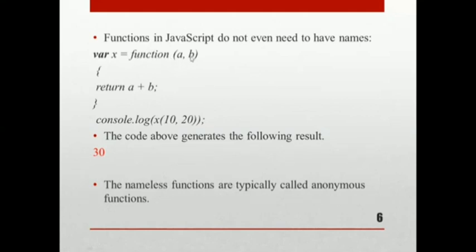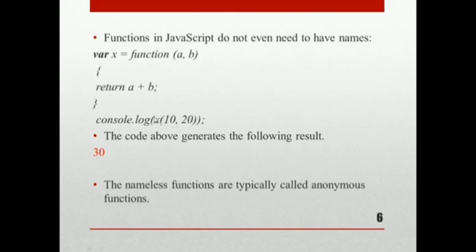Directly we are passing parameters in that parenthesis: variable x is equal to function a comma b, and the body of the function is return a plus b. Then we write the statement console.log x in brackets 10 comma 20.